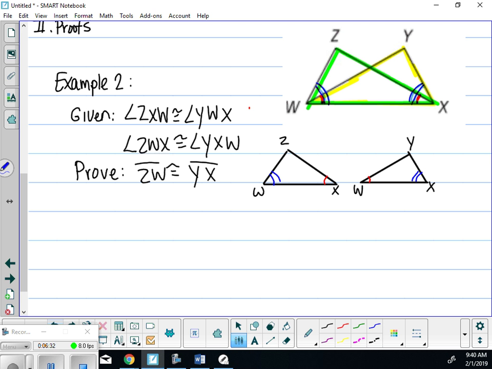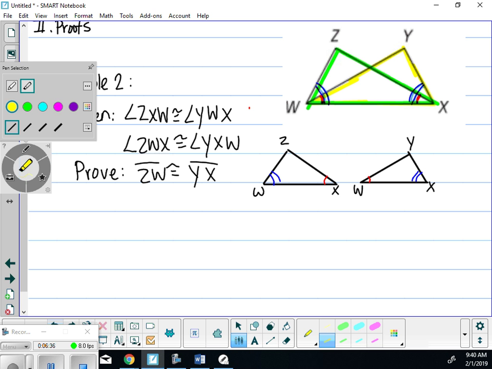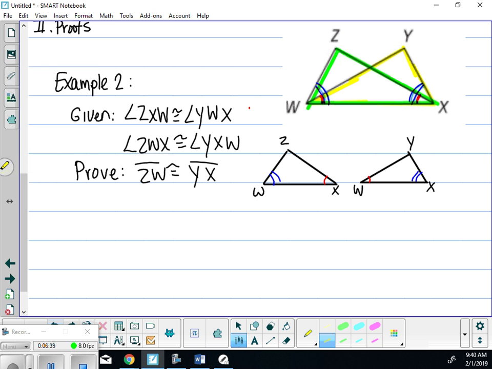When we trace these triangles, what did we trace that they both have in common? So I only have yellow, but right here, what happens? I have yellow and green.